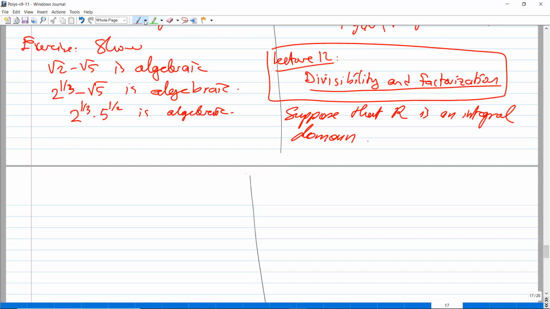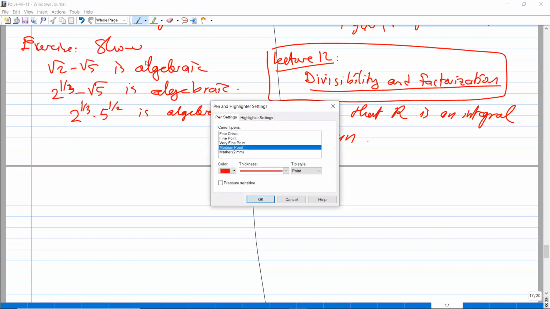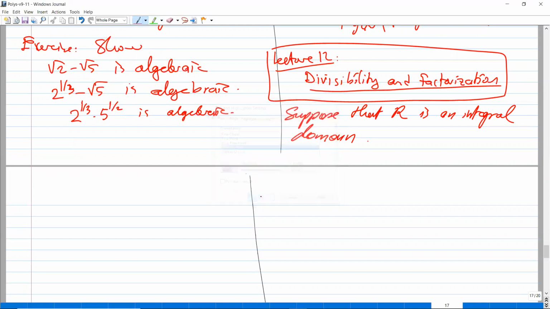So today, let's change color. Suppose R is an integral domain. So here is a definition.